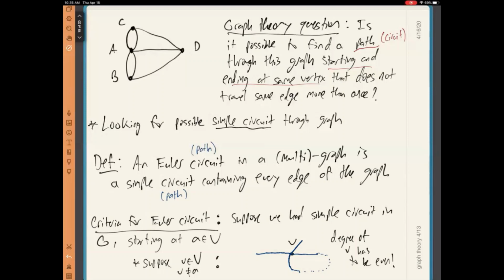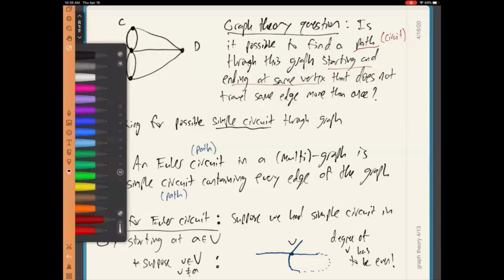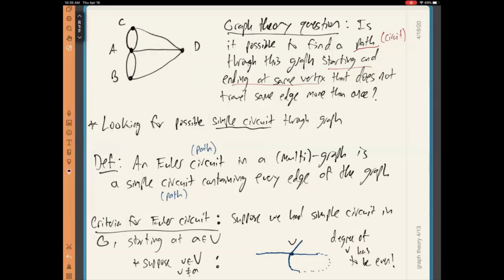Right, so for example, if I had such a path, let me travel along the blue with a red path instead. If I had such a path and I did not contribute an even number to the degree count, well, the only way for this to happen, if you look at this picture, is if instead of going along the blue path, I cross through one of the edges I already crossed through.